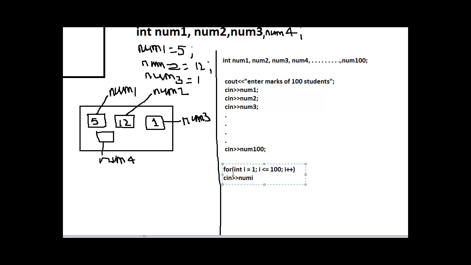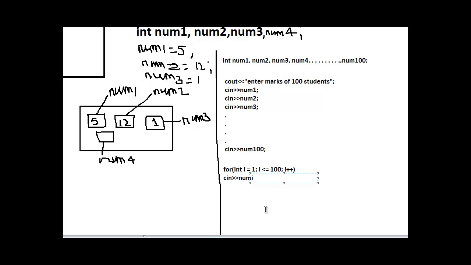But this is the whole variable. num i will mean num i, not num 1, 2, 3, 4 and so on. This i is not that i. num i is just a variable, and the value of i can't be substituted into it.